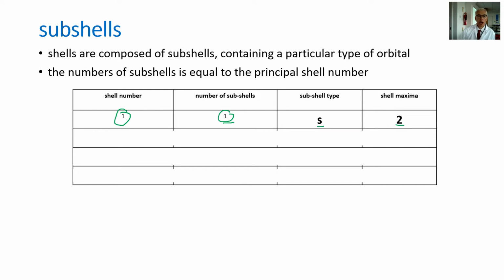So if we look at shell number 2, could you fill in the number of subshells and the shell maxima, and so on for 3 and for 4. So pause the lesson and fill in the number of subshells and the shell maxima from your recollection of the previous slide. Do that now. Resume when you are ready.